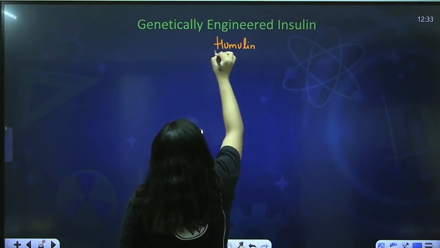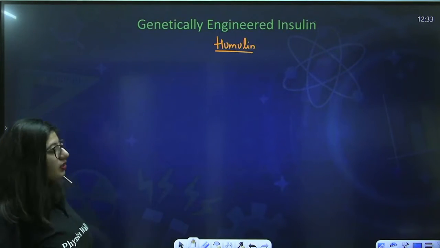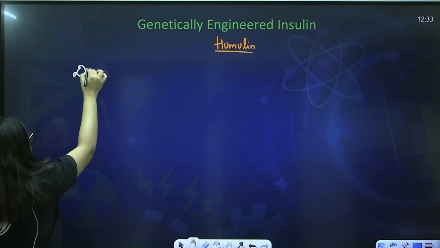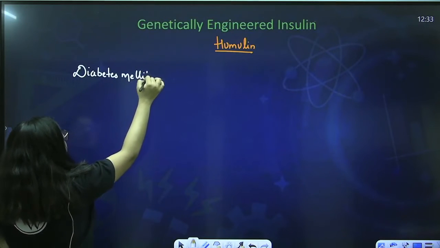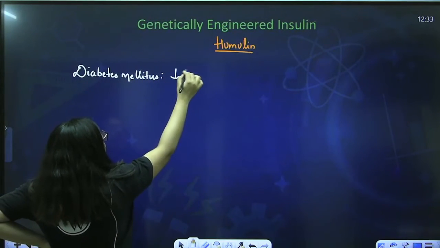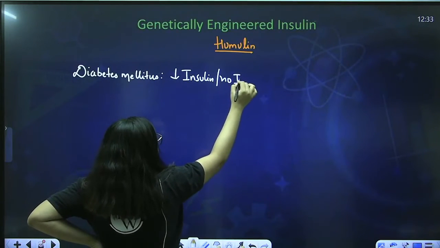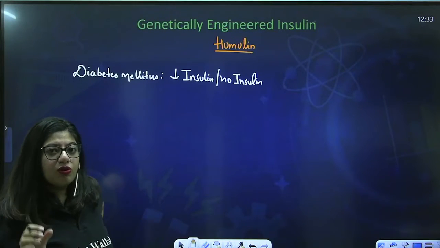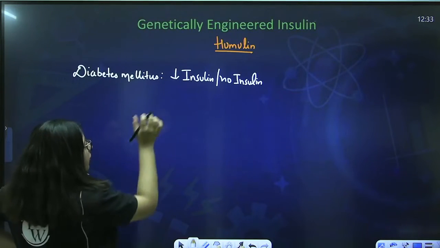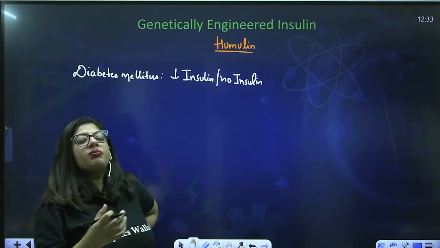Now, why is this insulin produced? There is a disorder known as diabetes mellitus. In diabetes mellitus, the person has low insulin or no insulin. Either way, the person's glucose metabolism is disturbed, because the function of insulin is to regulate your glucose metabolism and reduce the blood sugar level.